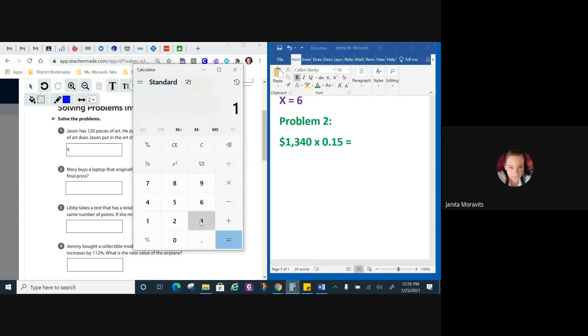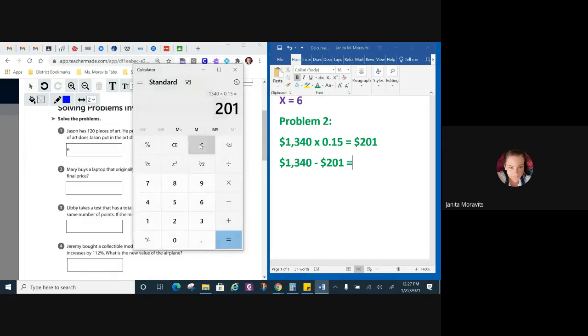Let's do it again. 1,340 times 0.15. There we go. And that is $201. So she's going to save $201. So to find out the total amount she paid, we're going to take $1,340 minus $201, and we will find out how much she paid.